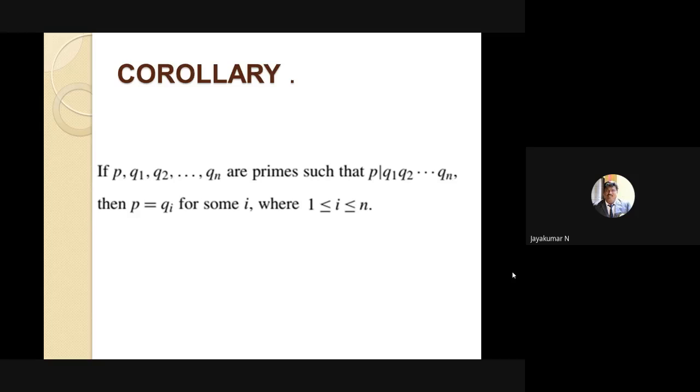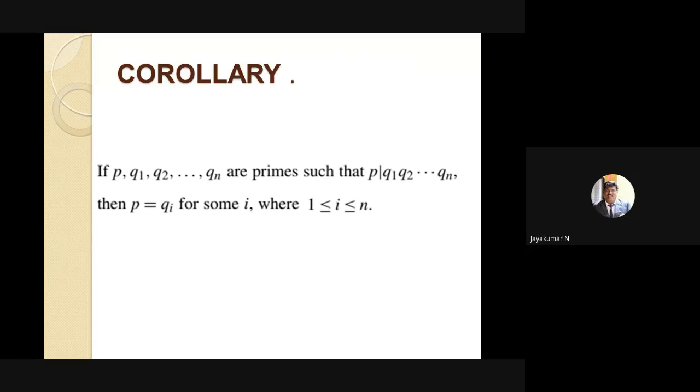You have to understand this clearly. The conclusion is that a prime cannot divide another prime, because the only factors of a prime number are one and itself. A prime number is divisible by itself alone.